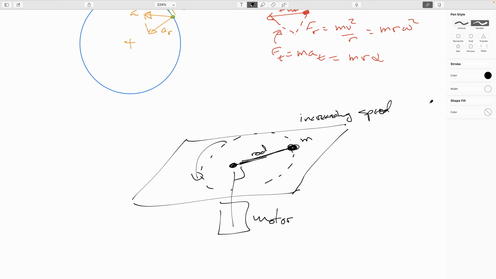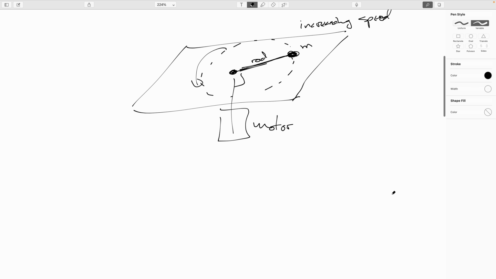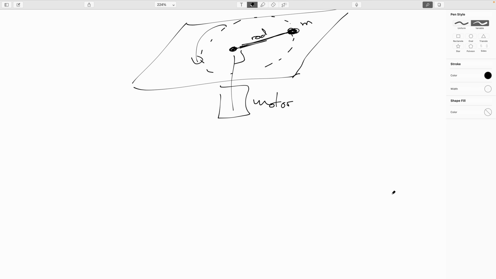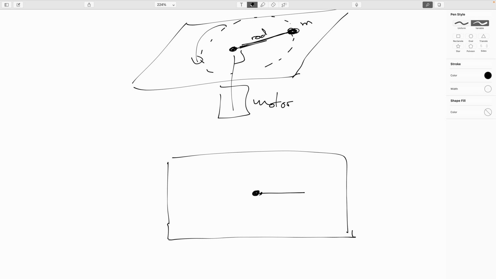All right, in both cases, it's the rod. So how's that going to work? Well, this turns out to be a case where Newton's first law of motion helps us out. This mass here wants to go at a constant speed.